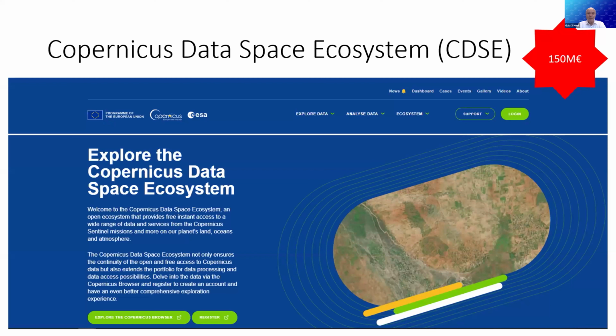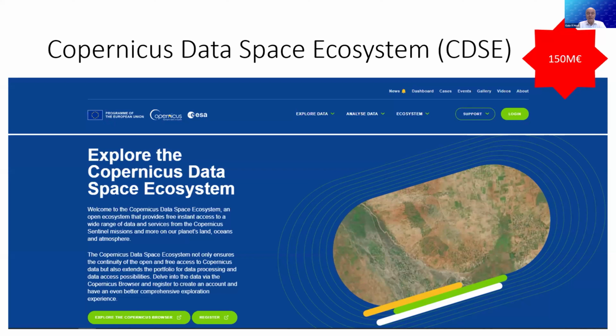On the next page, there's another project, the Copernicus data space ecosystem, another 150 million euro to explore the Copernicus data space ecosystem. Another program of the European Union in cooperation with ESA and Copernicus.